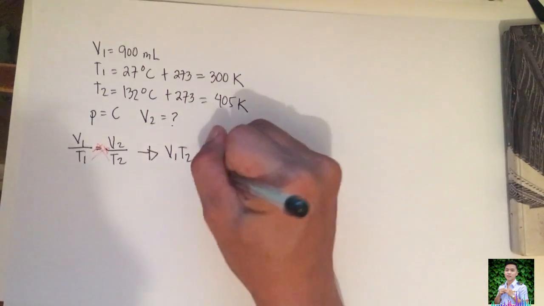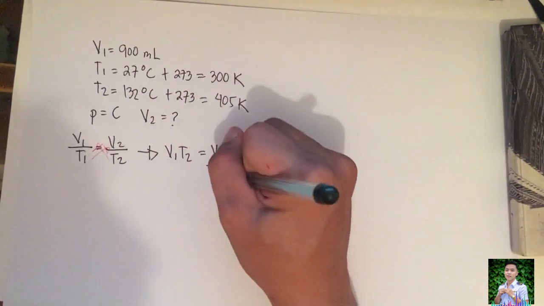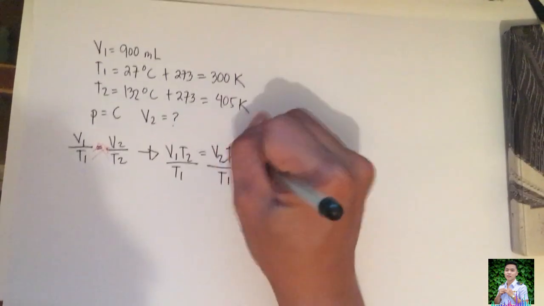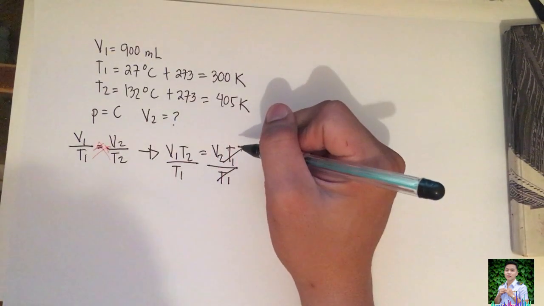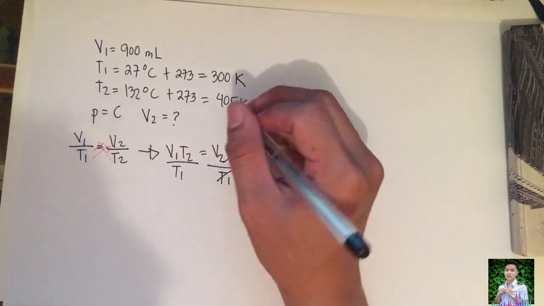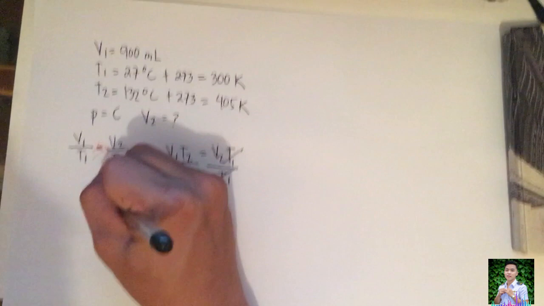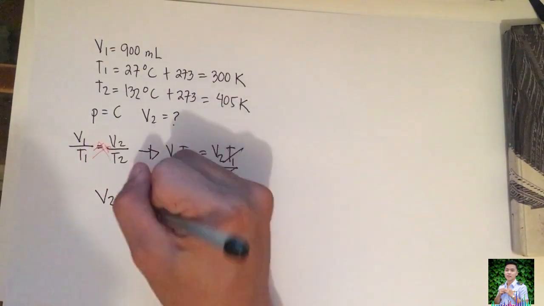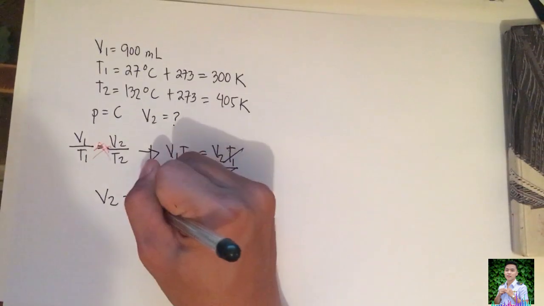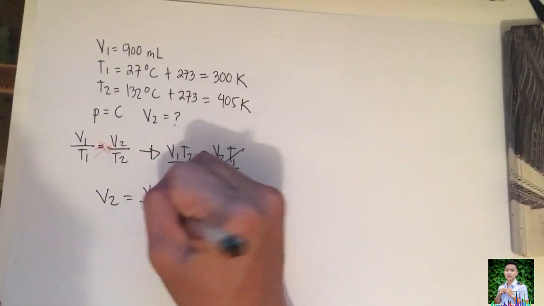And let us move T1 to the other side of the equation. So the equation for this problem is V2 is equal to V1 times T2 over T1.